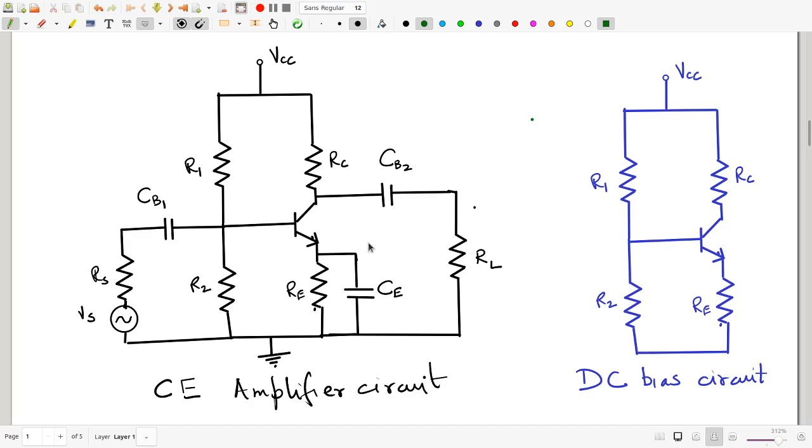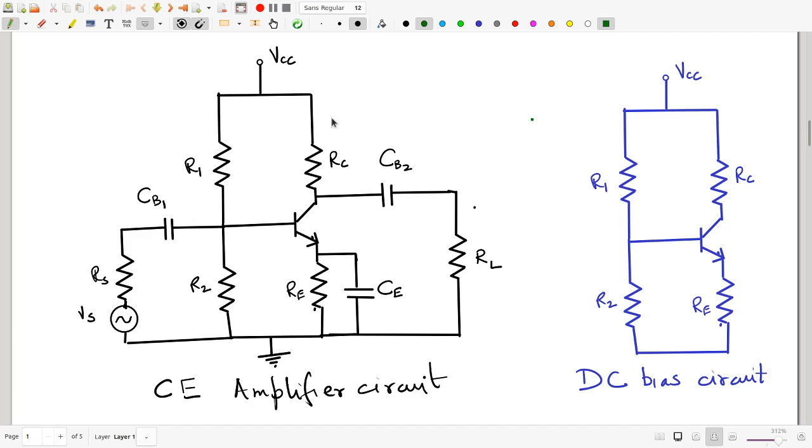Now, why is there this CE in the amplifier circuit? Well, we will explain this soon, but let me just point out that as far as DC analysis is concerned, there is no signal and you're worried only about what happens if you turn on the battery VCC.